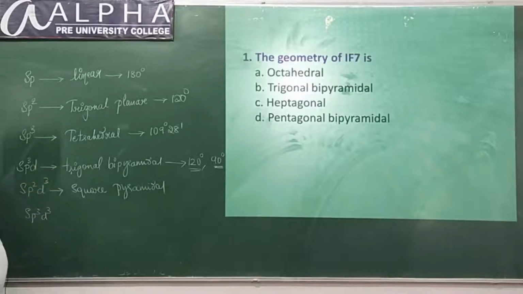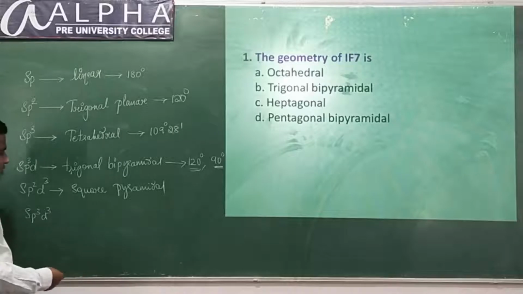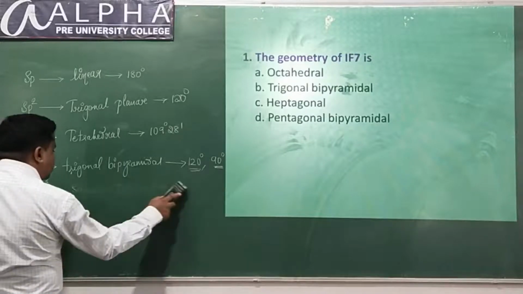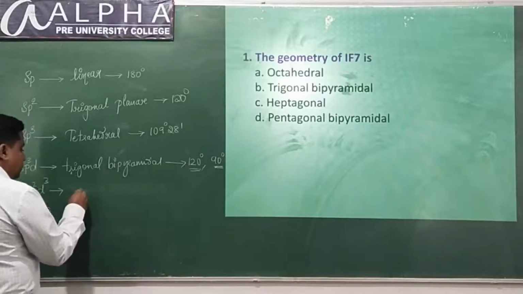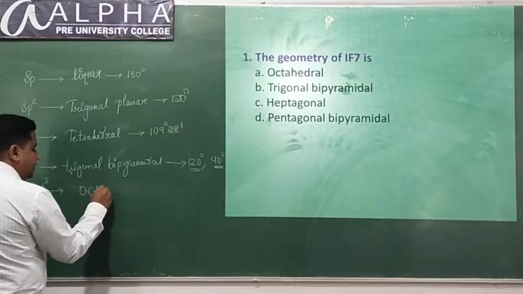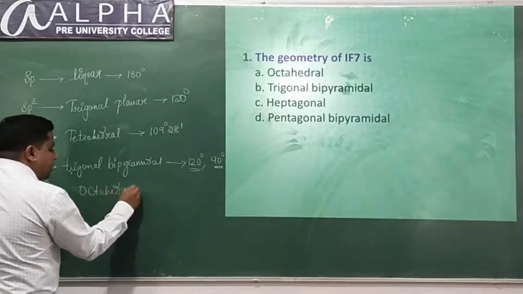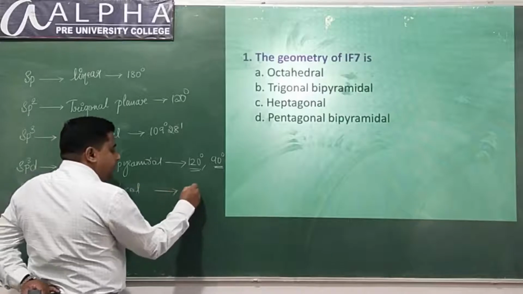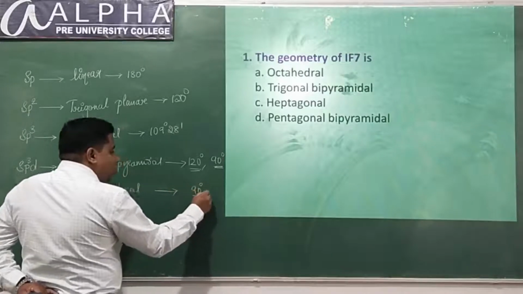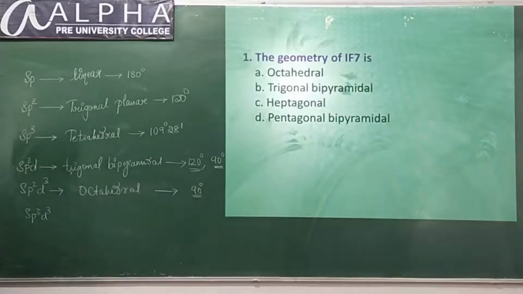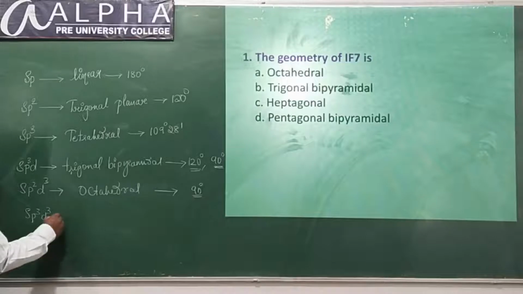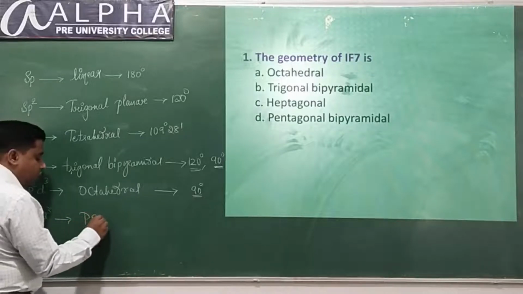If I talk about sp3d2 hybridization, then it is going to be octahedral. Here the bond angle will be 90 degree. In octahedral geometry, the bond angle is going to be 90 degree.